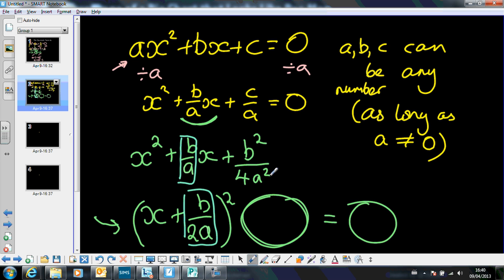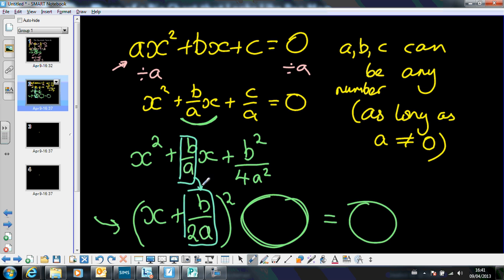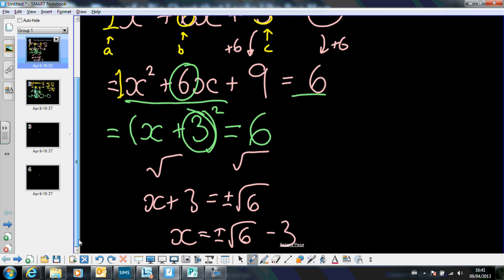Where does that come from? Well, that comes from the half, and remember that is that squared. Again, remember the relationship between the 6 and the 9?